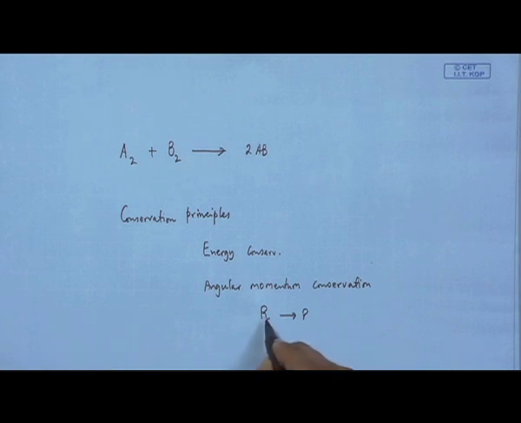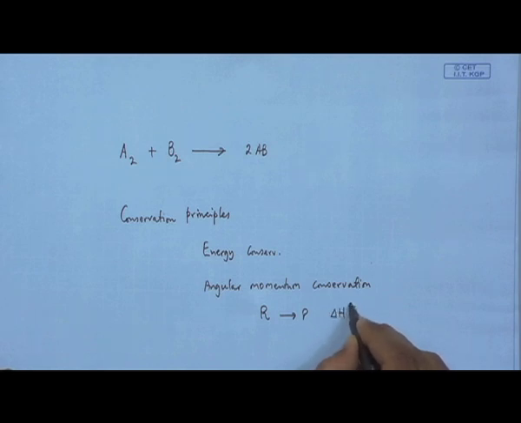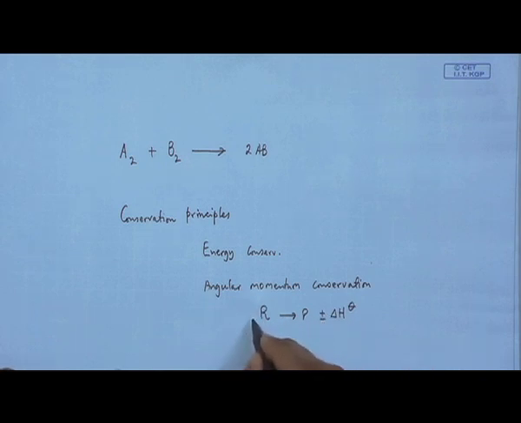There has to be conservation of energy. Suppose this reaction leads to a change in enthalpy of this much, plus or minus whatever. So, left hand side total energy and right hand side total energy should be conserved. In the same way, left hand side total angular momentum and right hand side total angular momentum must be conserved.